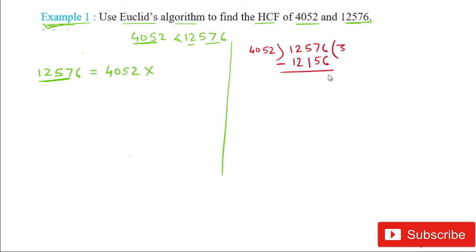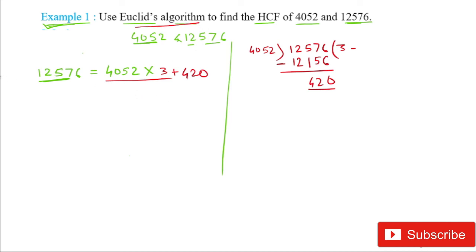It will be 6 minus 6 0, 7 minus 5 is 2, 5 minus 1 4, 2 minus 2 0, 1 minus 2 0. Now 420 is our remainder and the quotient is 3. So we'll multiply by 3 here, plus the remainder is 420. So this is the form of Euclid's algorithm.